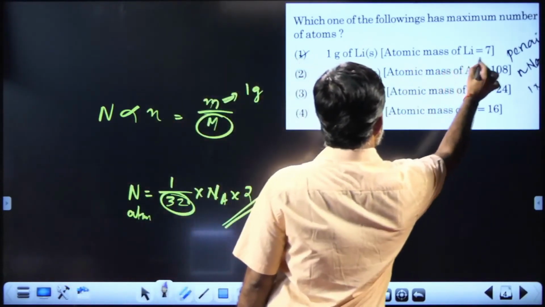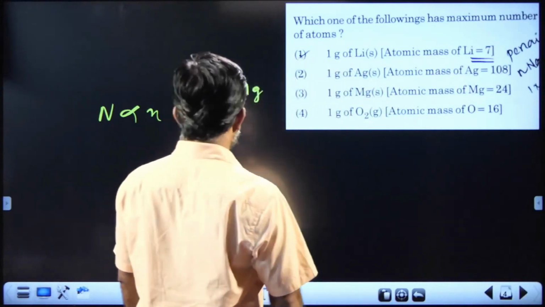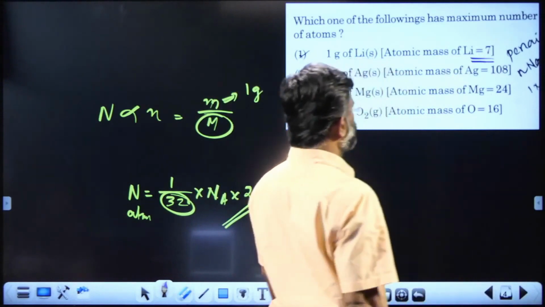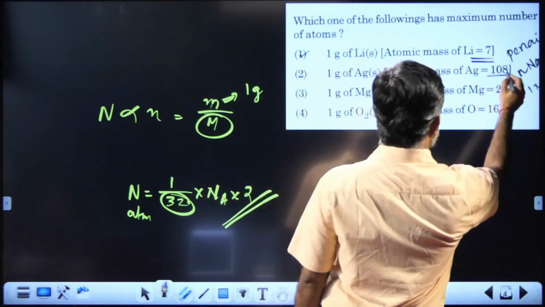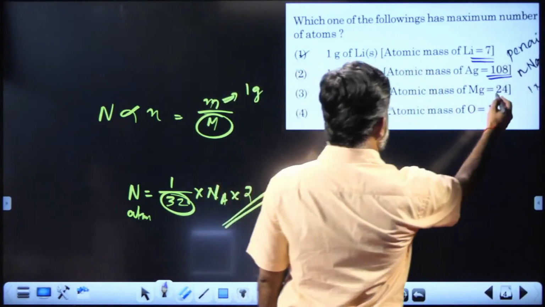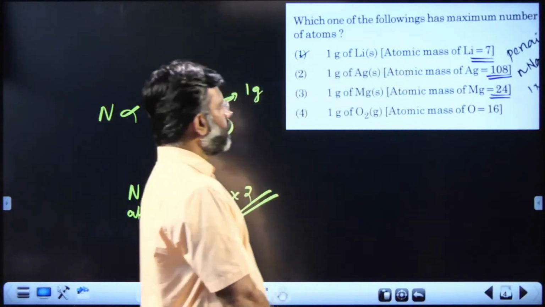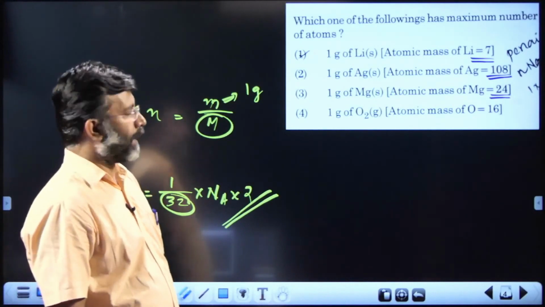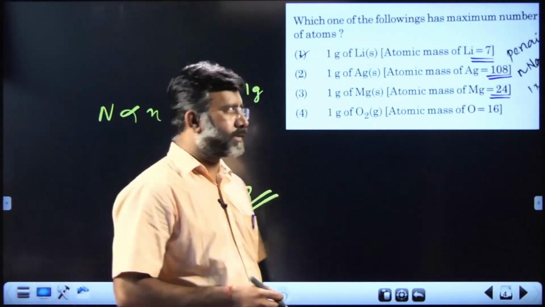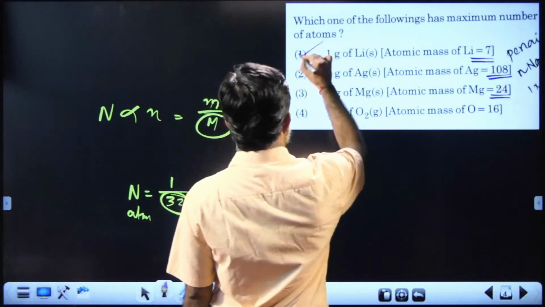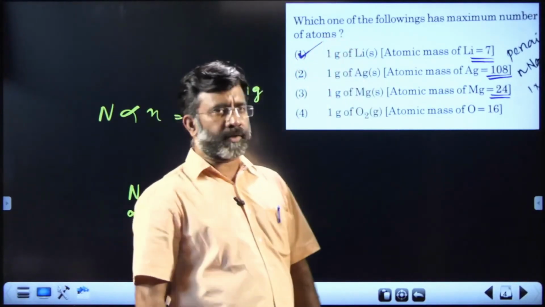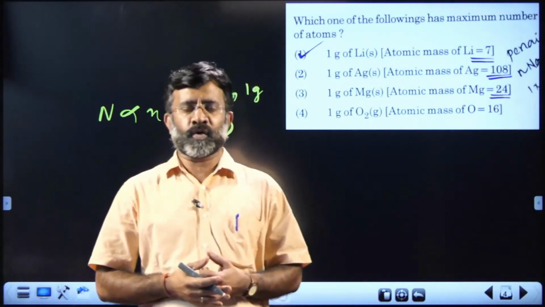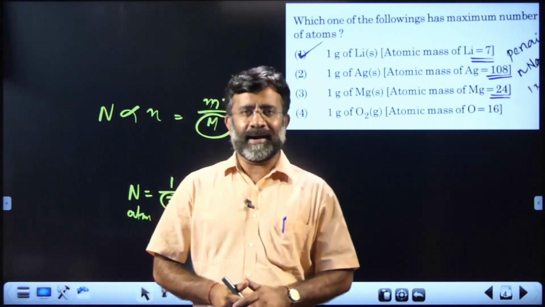So what is going to be in the denominator is the minimum value, the molar mass of lithium 7, while silver is 108 and magnesium 24. So no doubt the maximum number of moles, and hence the maximum number of particles, will be in the first choice, 1 gram lithium.